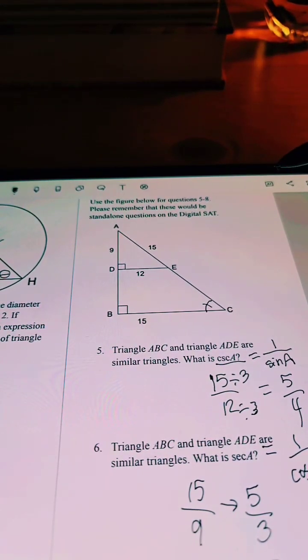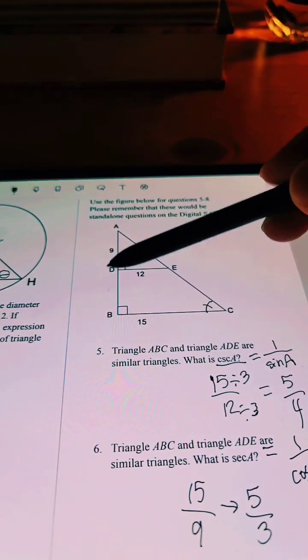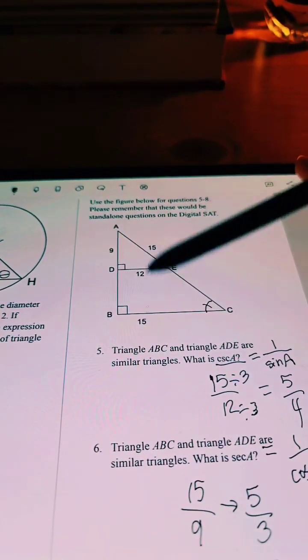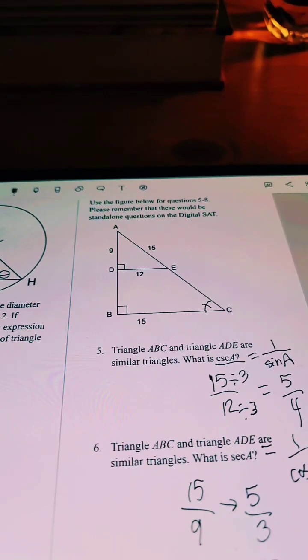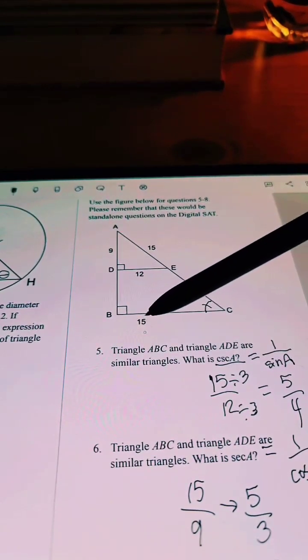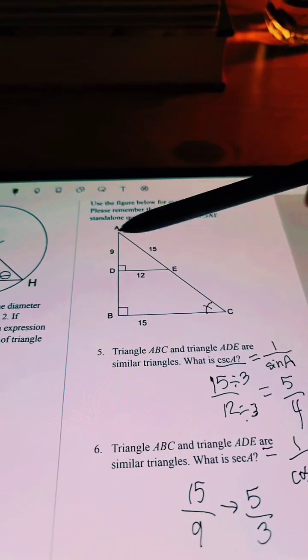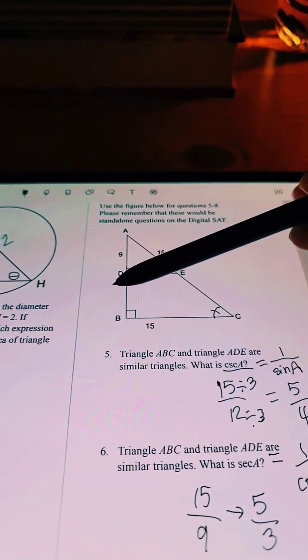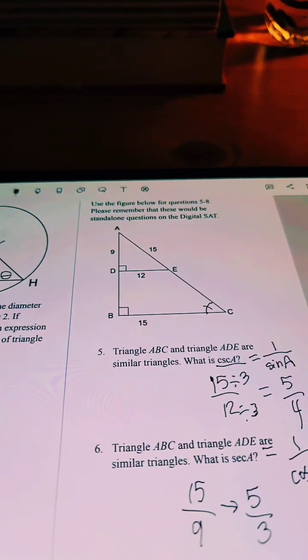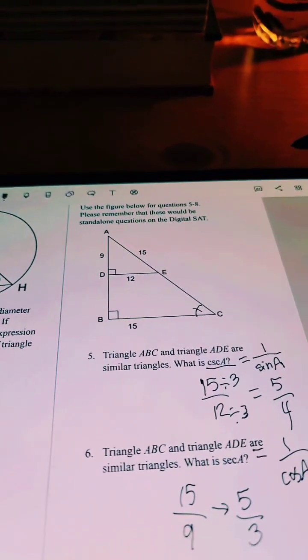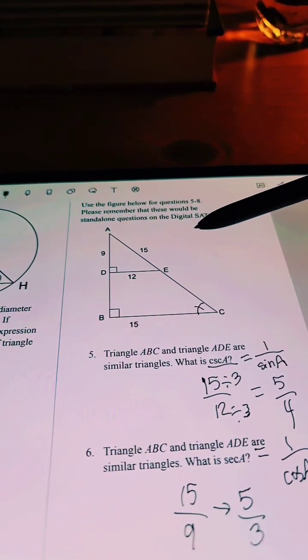Now hold on, let me think if there's an easier way to do this. Right away I would think I could set up a proportion, because with similar triangles, side lengths are proportional. I could do 12 over 15 is equal to 9 over 9 plus x. But let me see if there's a faster, more efficient way.